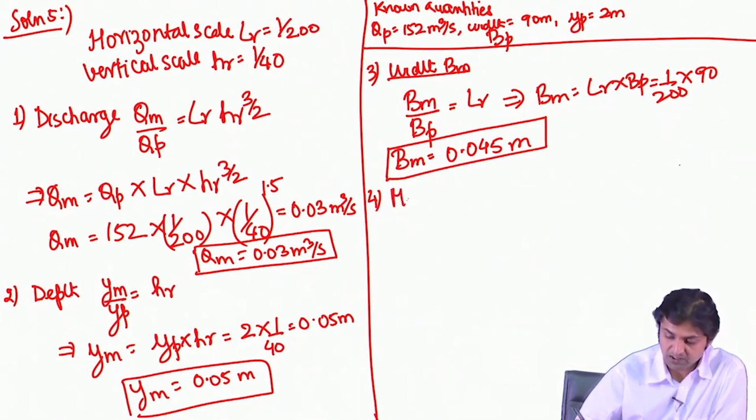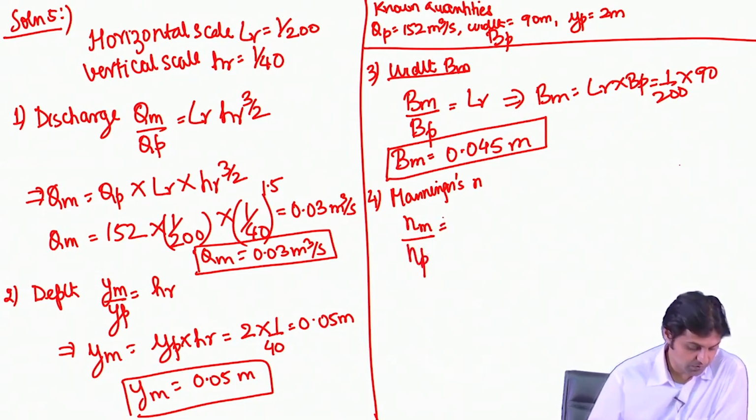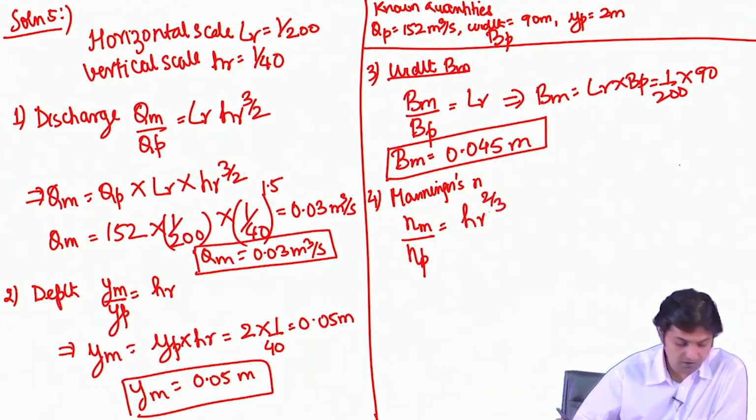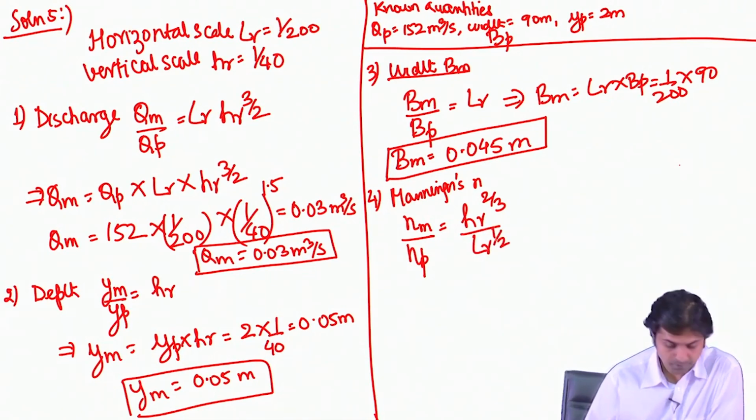So now Manning's n. This is important. Manning's nm by np, you have to find out the formula, but it comes out to be Hr to the power 2 by 3 divided by Lr to the power half.